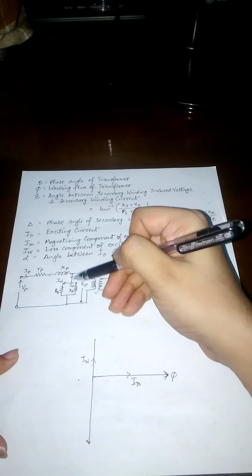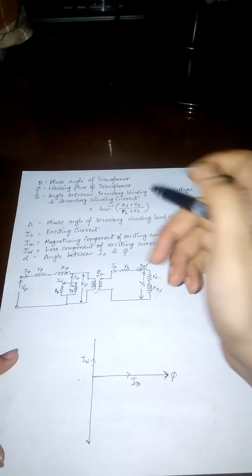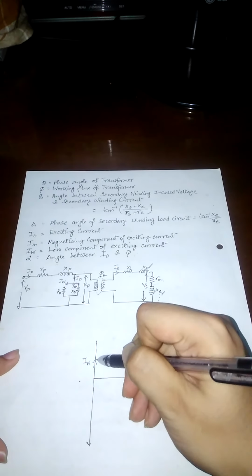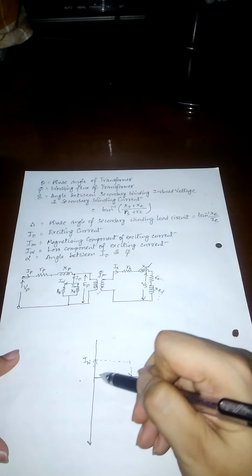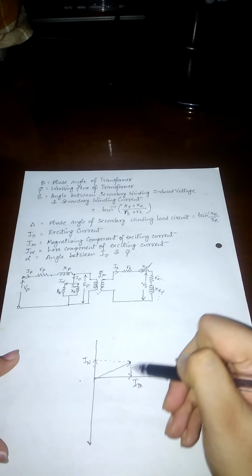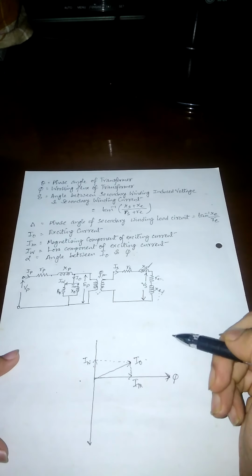Now obviously I0 comprises these two, IW and IM. So this is I0 obviously.